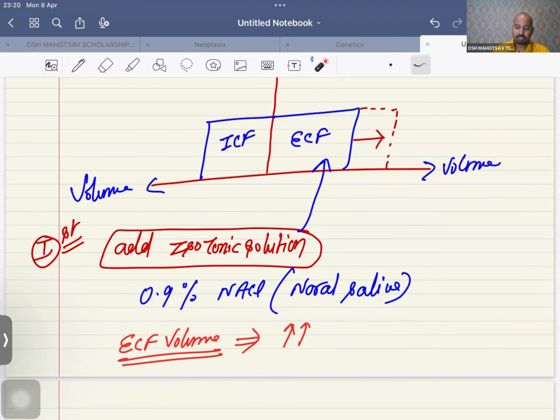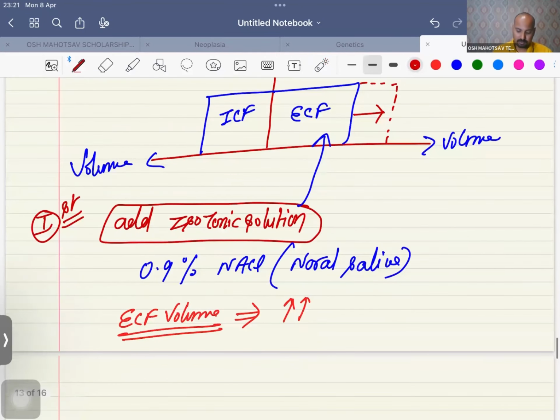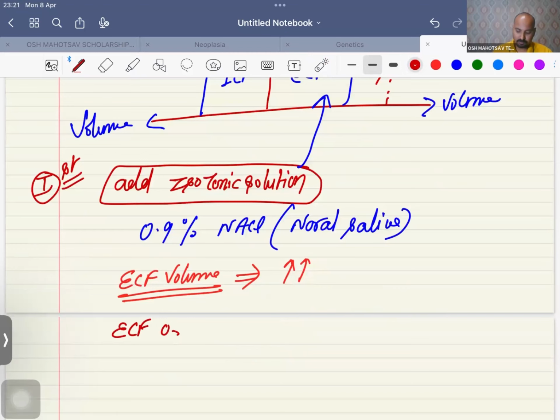No, ECF osmolarity will not increase or decrease, because we are adding isotonic solution. Means whatever amount of solute we add, the same amount of water we are injecting in the body. Okay, so in that case only volume will increase. ECF osmolarity will not change.